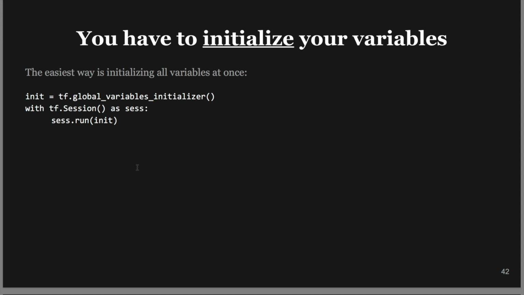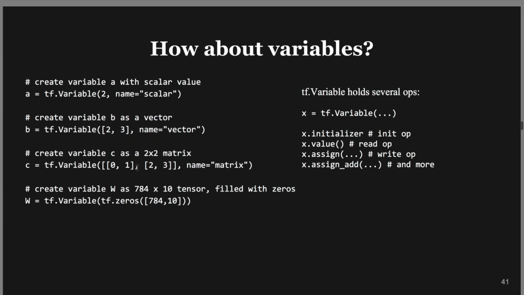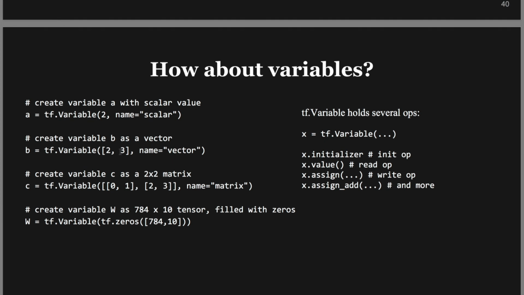Now this does everything that needs to be done. It will go look at all the variables out here. Let's say if this is the graph you're talking about, and it will initialize a to the value 2, b to the vector 2, 3, etc. And now at that point, if you were to call an eval on a.eval or b.eval, you will actually get the values 2 and 2, 3 respectively. If you don't initialize these variables, TensorFlow is just going to throw an error.